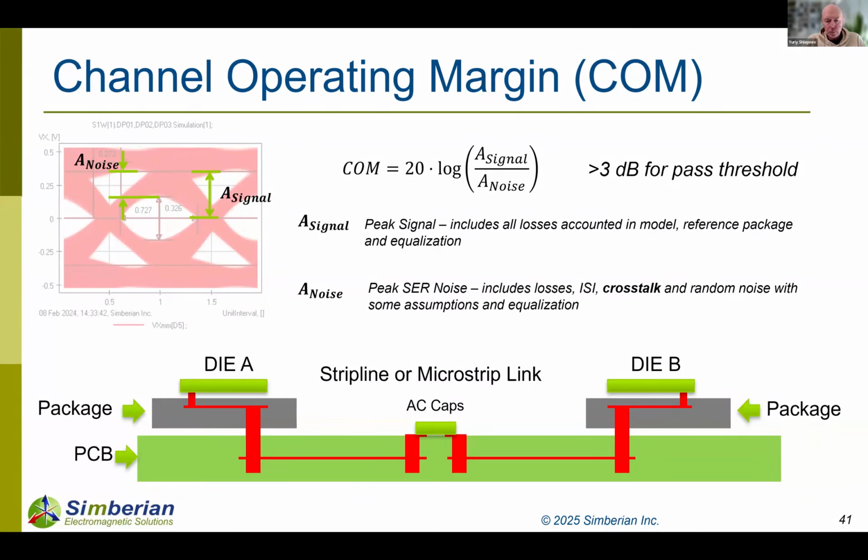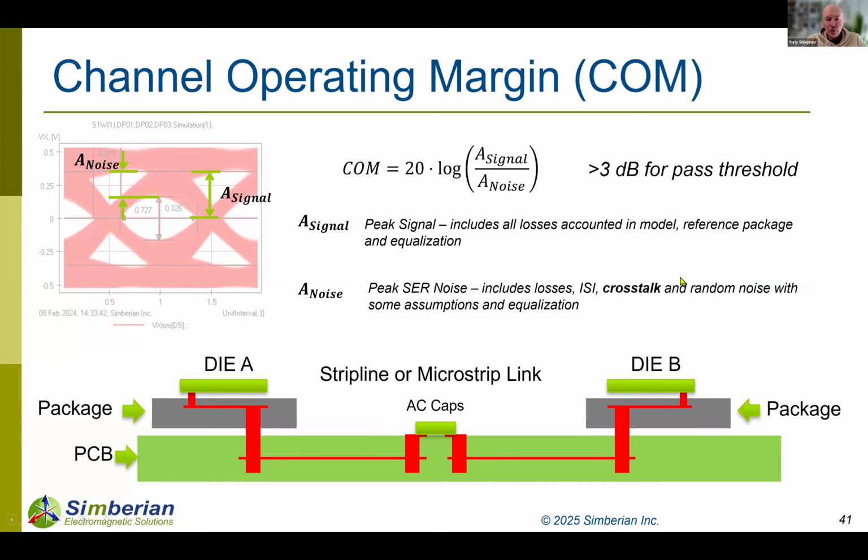So to account for these probabilistic values, there is a metric, channel operating margin, COM, that is basically a signal to noise ratio, where you can look in the documentation at how signal is defined and how noise is defined.